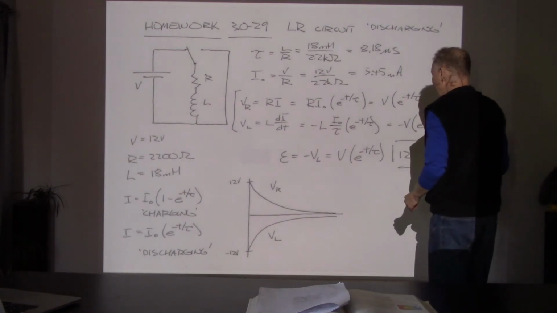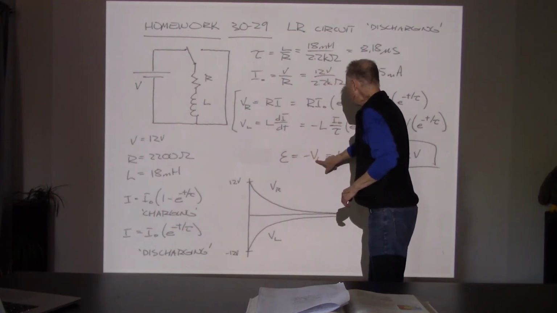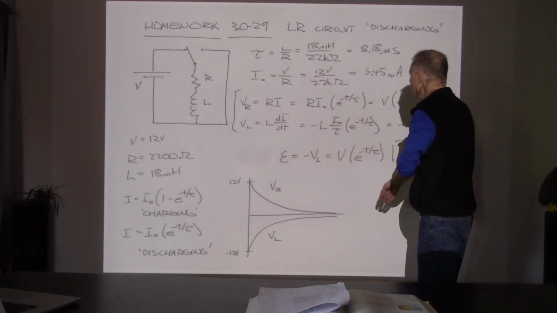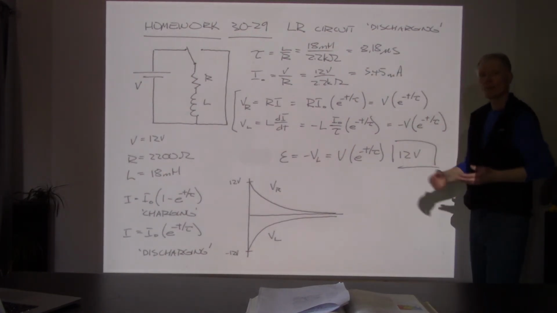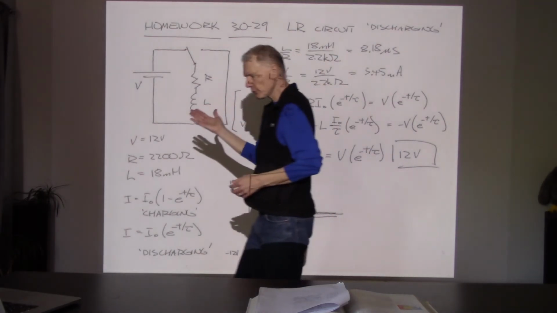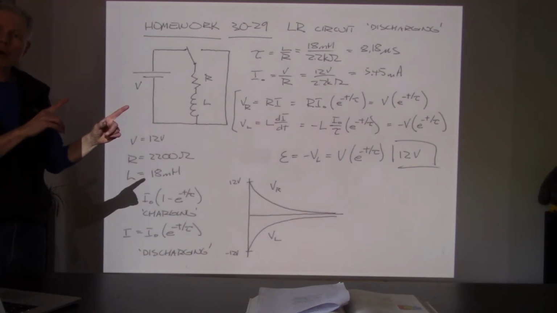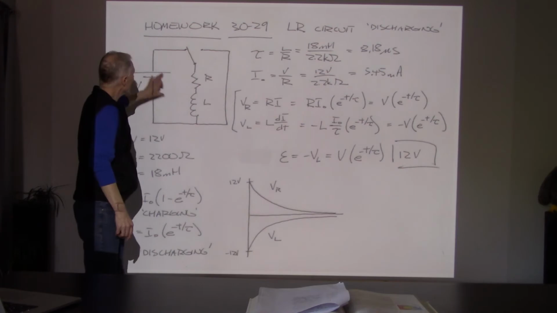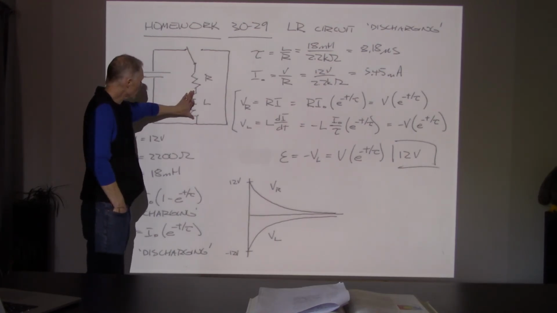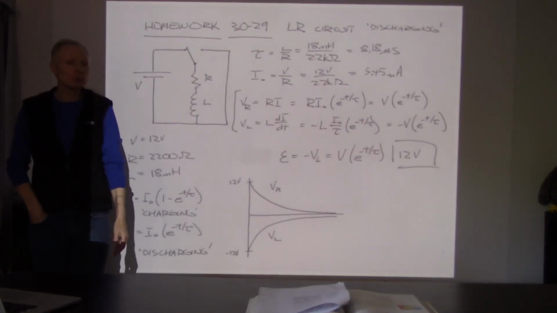And so what's going to happen here is the EMF being generated in the inductor initially, I'm going to say, is opposite the voltage drop. It's going to be 12 volts. So at least initially when we flip that switch, it takes the 12 volt drop that the battery was providing and creates a 12 volt drop across the inductor, but in the direction the current is traveling, which means it's a 12-volt boost.